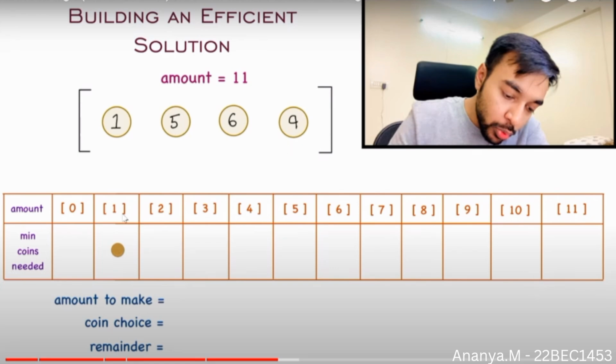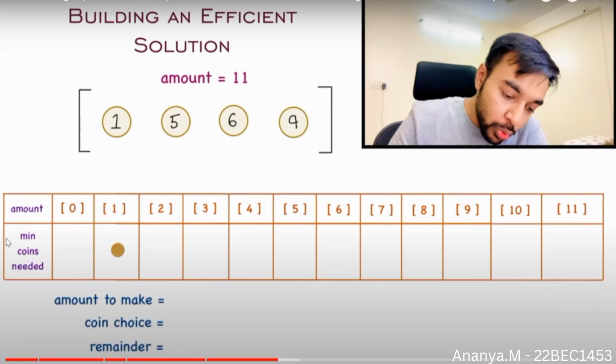In this dynamic programming array, we assign its size from 0 to that particular amount, which is 11 in the example I have taken. We fill up each of these array elements, and finally take the last result as our required end result.